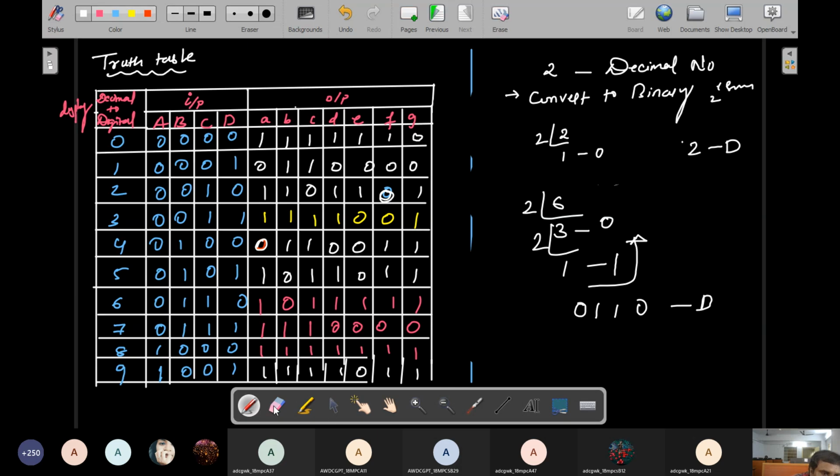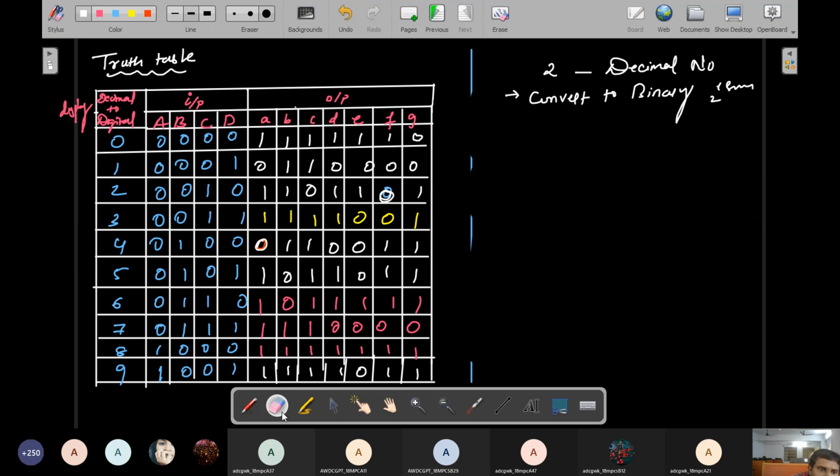One more example I will tell you: 8. Convert the decimal number 8 into binary.